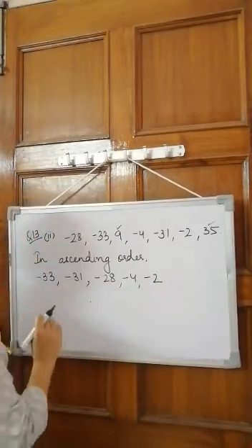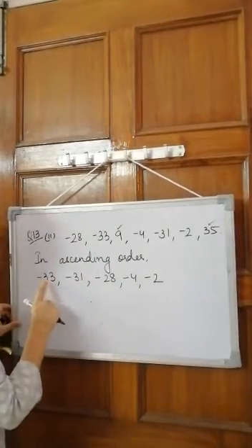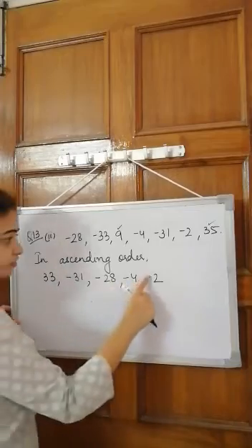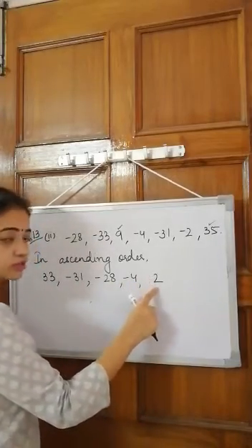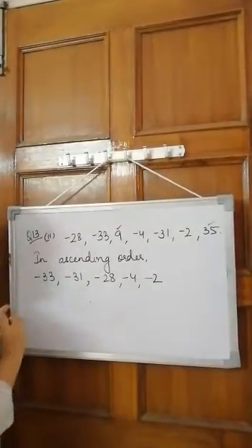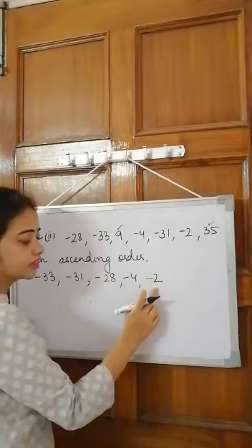This is what happens when we talk about negative numbers. If I take 33, it is the biggest number, and if I take 2, it is the smallest. But the moment I put a negative sign in front, the biggest number becomes the smallest, and the smallest number becomes the biggest.